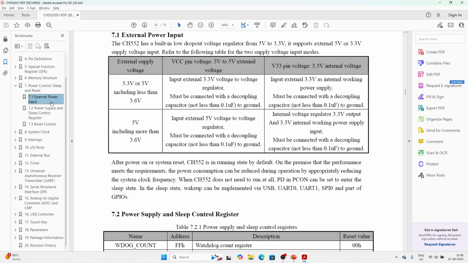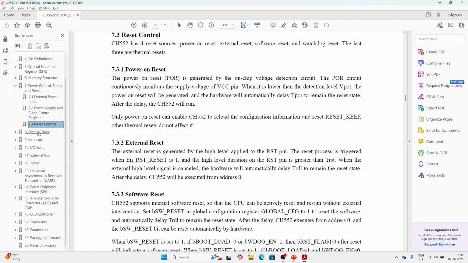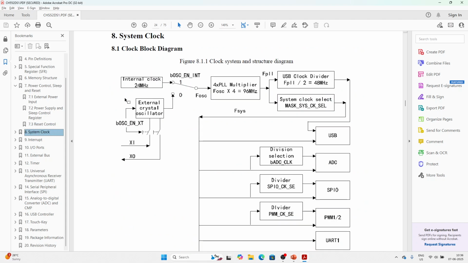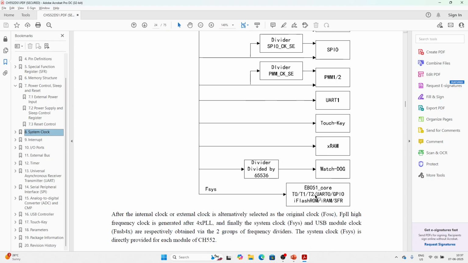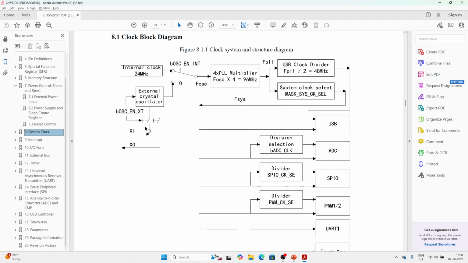microcontroller itself. External power, reset, system clock. Yeah, this is the clock diagram. It has internal clock of 24 megahertz, which would be multiplexed to 96 megahertz, right? Which would be again sent to USB clock divider at 42 megahertz, 48 megahertz, things like that, which would be used for various operations.